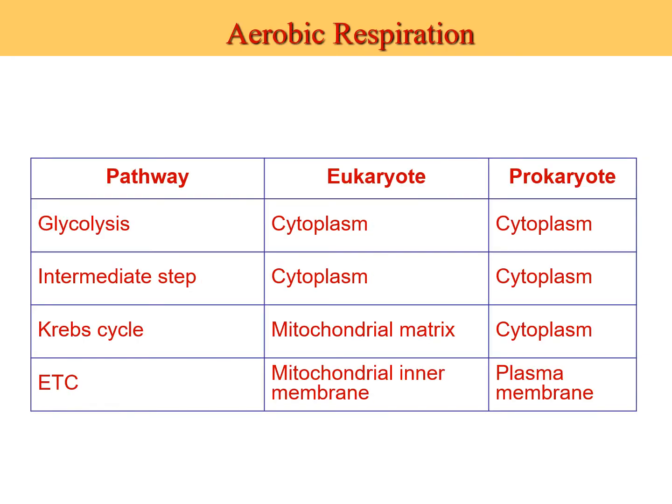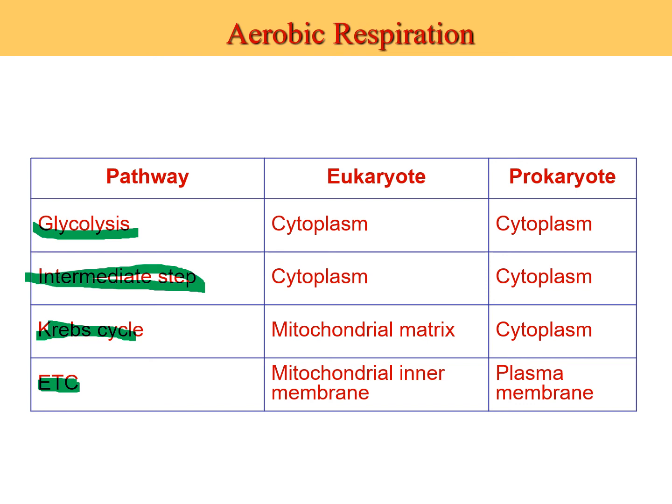There are some examples of that, but I'm not going to get into them. And so we had 4 stages in aerobic cellular respiration: glycolysis, pyruvate oxidation, the Krebs cycle, and the electron transport chain and chemiosmosis.